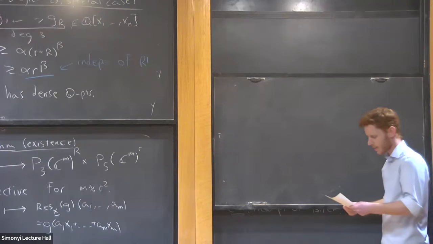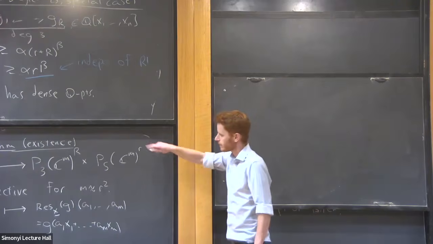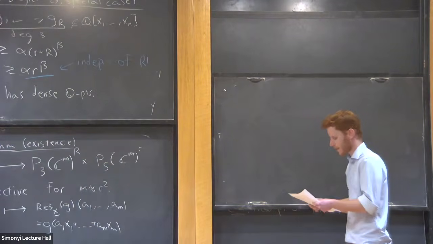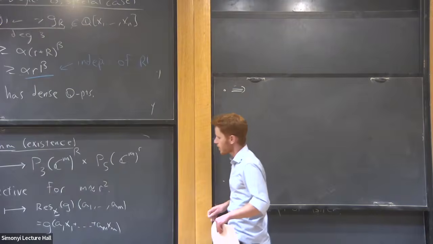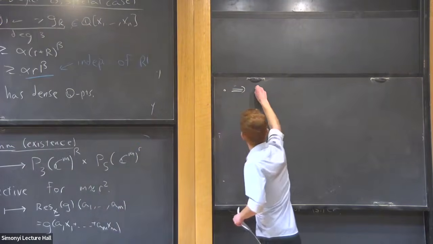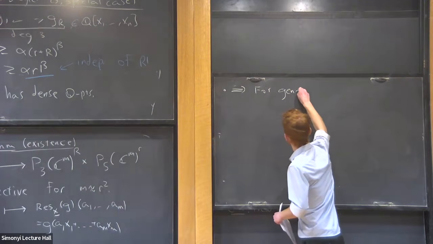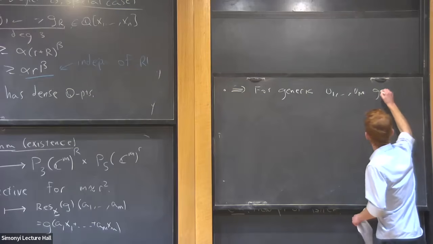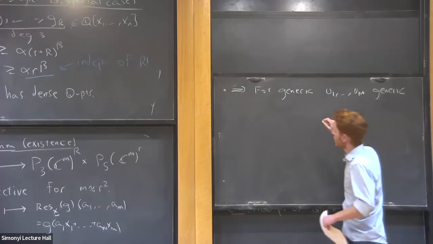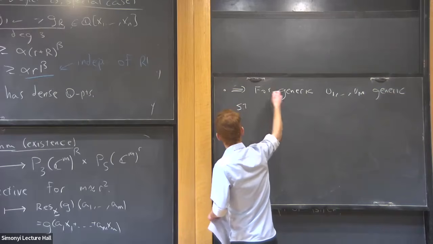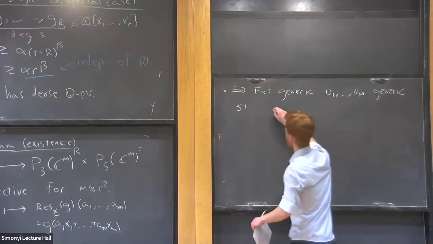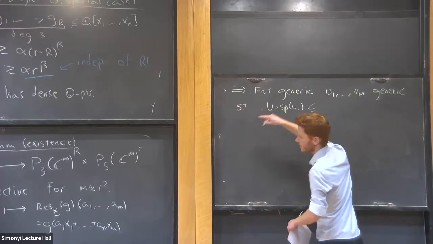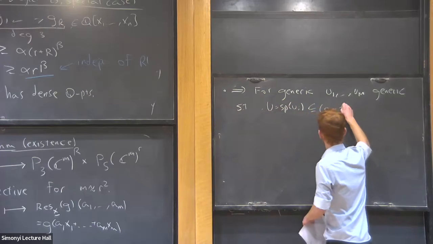So now that we know this, together with the previous comment about generic forms having large strength, you can deduce that if you choose u1 up to um generic, it's going to be a dense open set of those tuples with their span contained in the vanishing locus of the cubics.